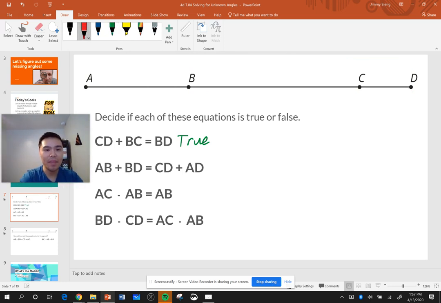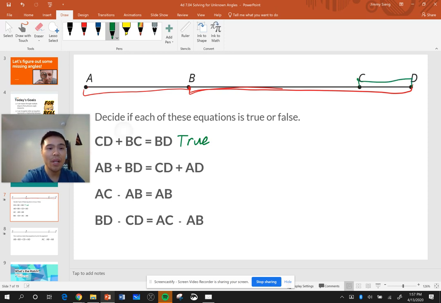Now I have AB plus BD. You notice how we're adding those segments, A to B, and then B to D. We're combining those two, and that creates this big giant one of AD, doesn't it? But does that equal CD, this little part, plus this bigger part, AD?